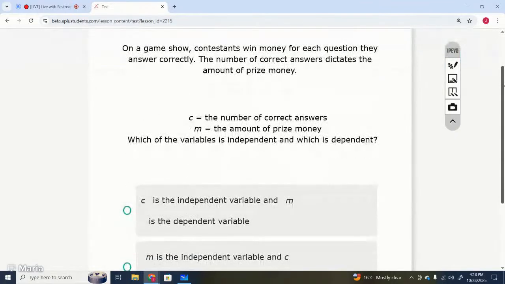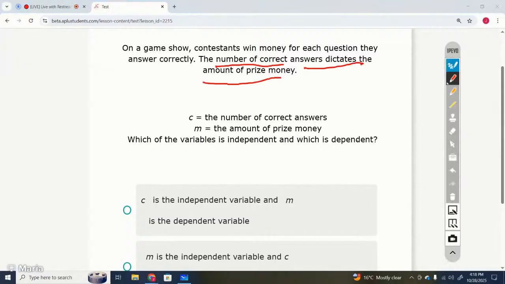On a game show, contestants win money for each question they answer correctly. The number of correct answers dictates the amount of prize money. C is equal to the number of correct answers. M is equal to the amount of prize money.